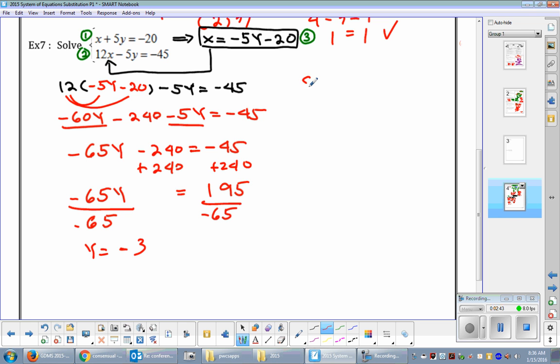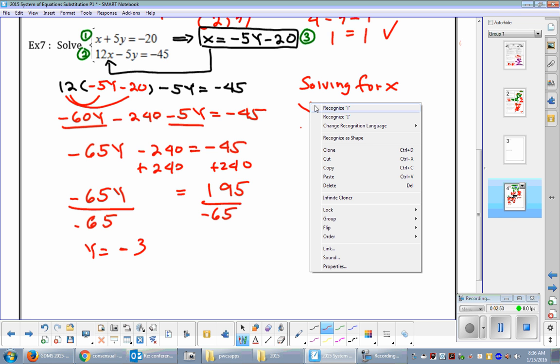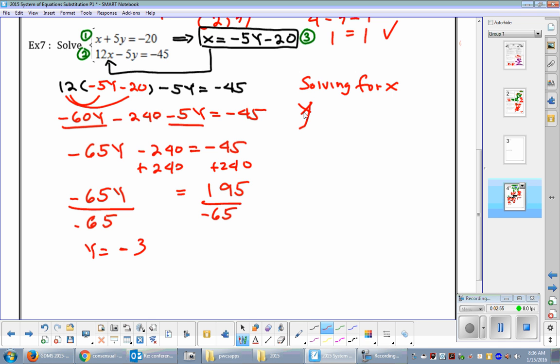So solving for x, we are going to use x equal to negative 5y minus 20. So the y here, we're going to use the y value and plug into our y in this equation.